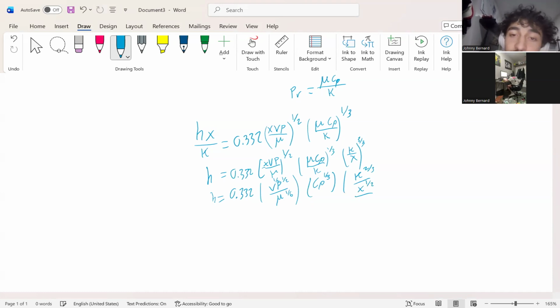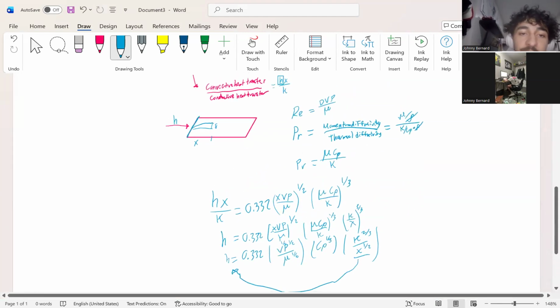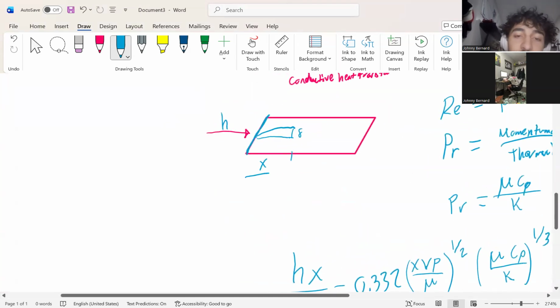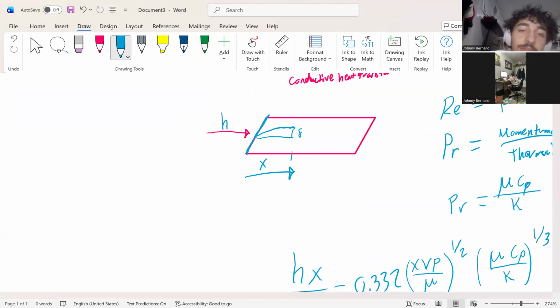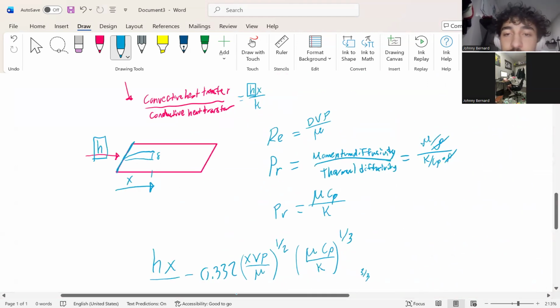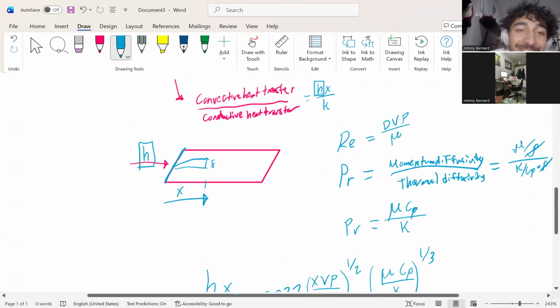And that being the denominator shows that for h, the bigger the length and the farther out it goes, the smaller this heat transfer is going to be.